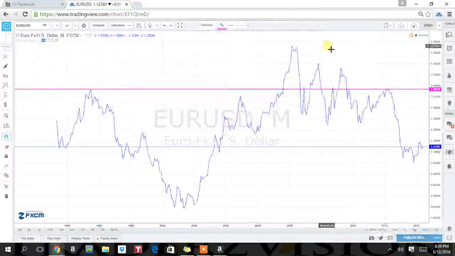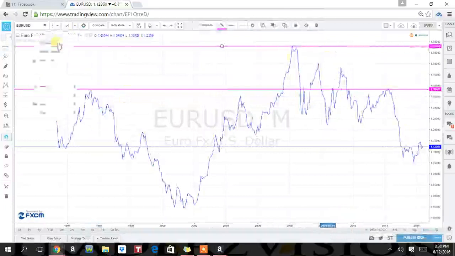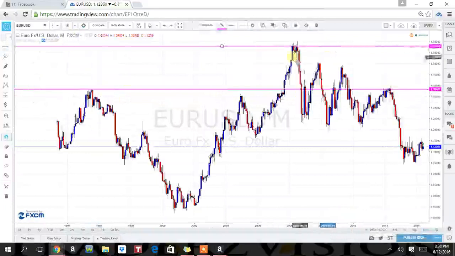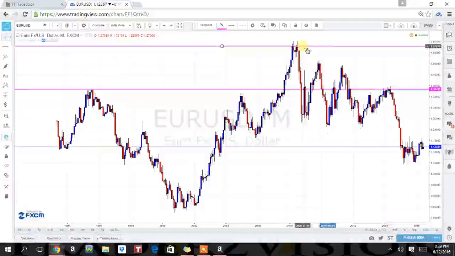Right here is a good one because it fell twice up here, and it dropped massively from peak high. This is the highest it's ever been in history, this price point. So we switch to a candlestick chart again. You see, makes sense. Hit it, tried to break it.